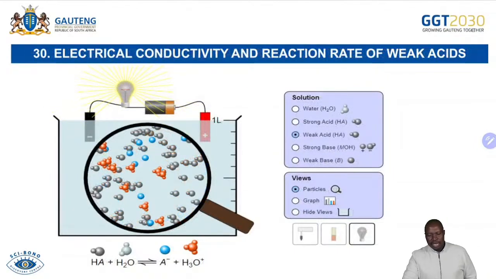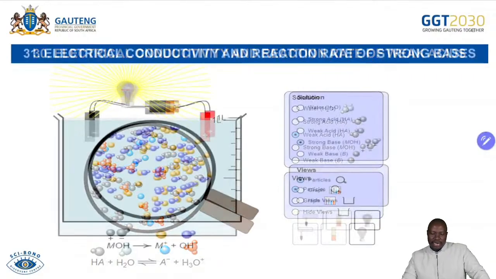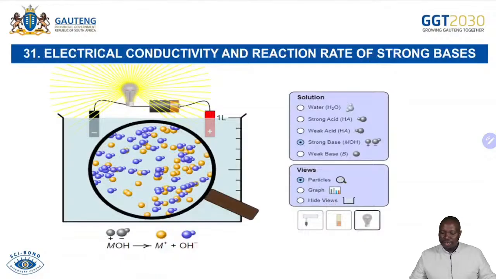When it comes to a weak acid, you can see the brightness decreases, so it has less electrical conductivity, and even the reaction rate is less. So you see, even in terms of the light bulb there, it indicates the electrical conductivity of a strong acid and a weak acid.